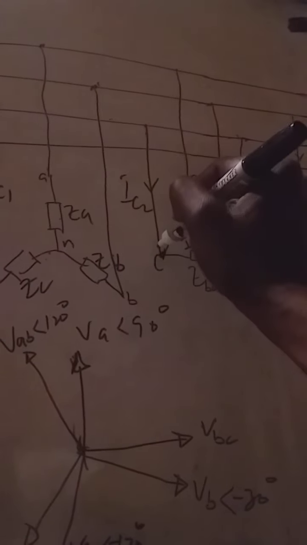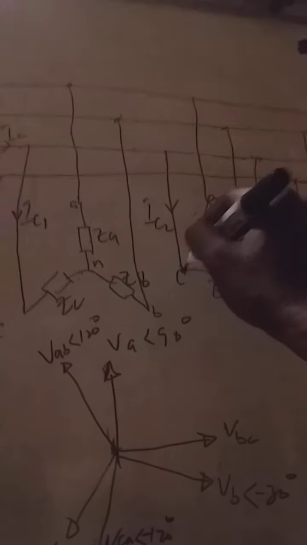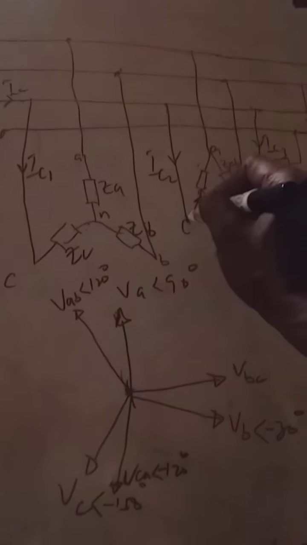When you look at this, you see at this point that ICA is going through and IBC is also coming to this point, and IC2 is coming here. So using Kirchhoff's current law, you want to find the summation of the current around that particular node.